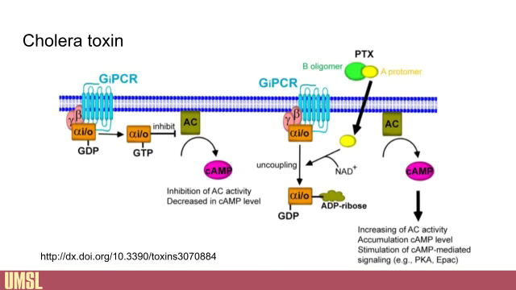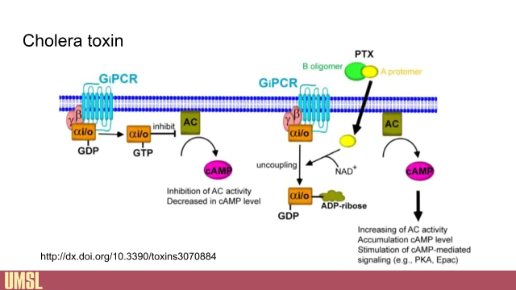But if they're stressed, either nutritionally, or there's oxygen depletion, all kinds of things will cause these G proteins to essentially not get phosphorylated. And essentially the brakes are then taken off of adenylate cyclase. We start producing a whole bunch of cyclic AMP, and there's a bunch of downstream signaling that happens as a result.